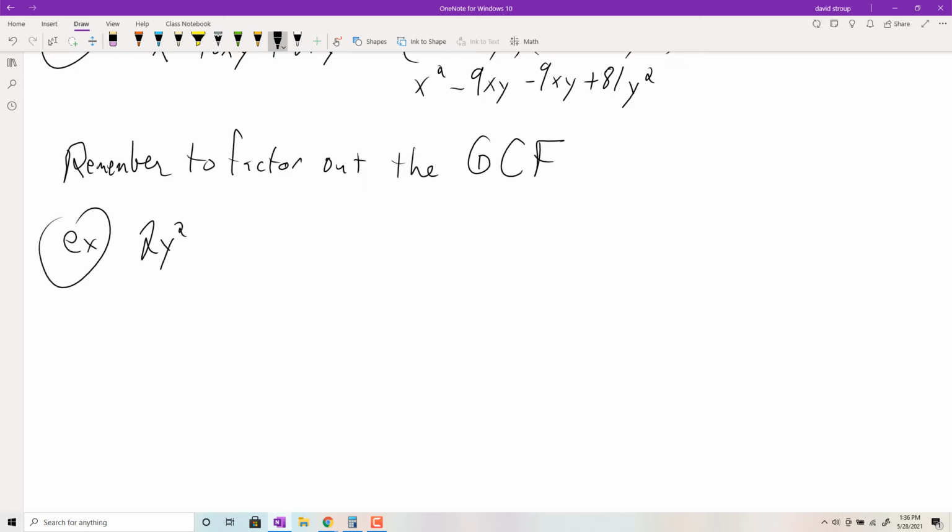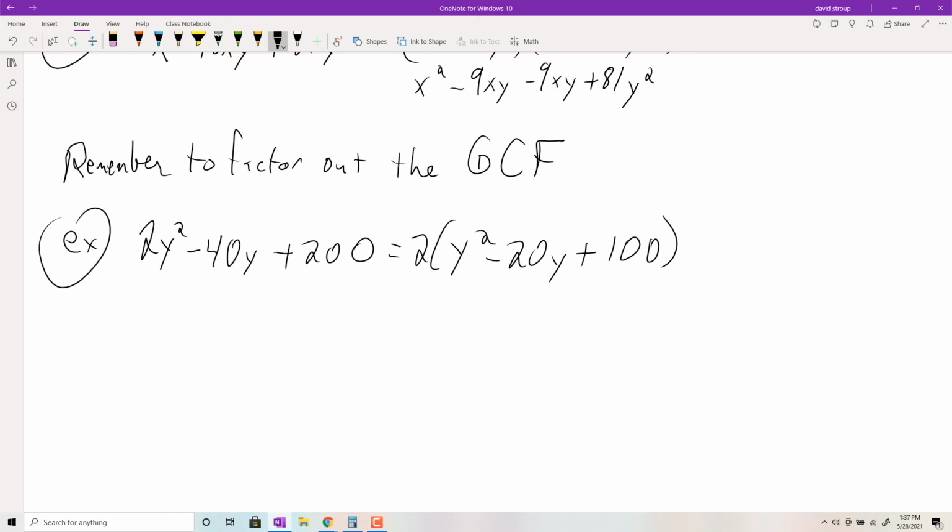So here we have 2y squared minus 40y plus 200. And if you factor it out, you'll see it's a perfect square trinomial. Right? So let's get that 2 out of there. We have y squared minus 20y plus 100.